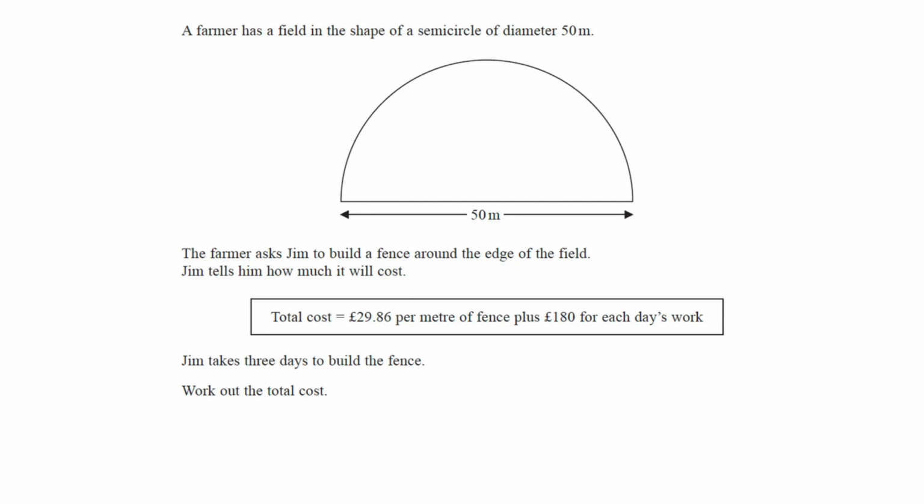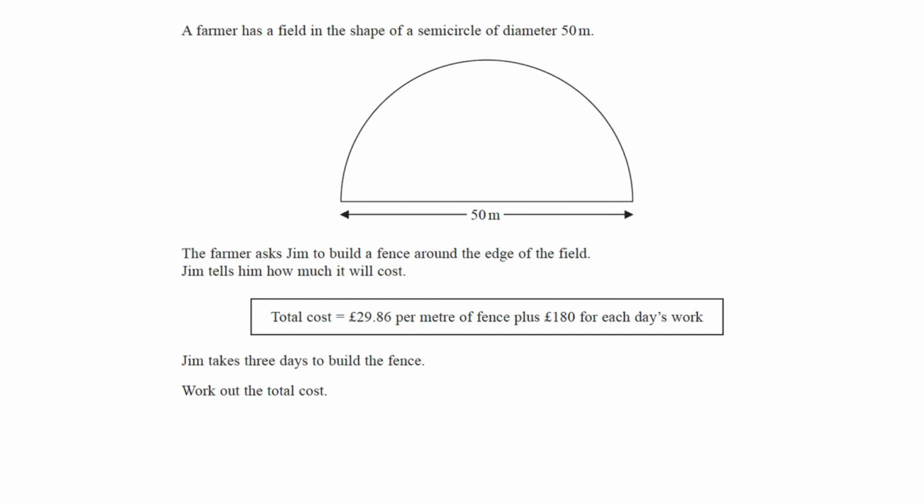So that bit's perfect. Then what we're going to think about is because they're asking to build a fence around the edge of the field. So we're going around the edge. Now, when we're thinking about around the edge of a circle, that means we are looking at finding what we call the arc length, which is basically part of the circumference.